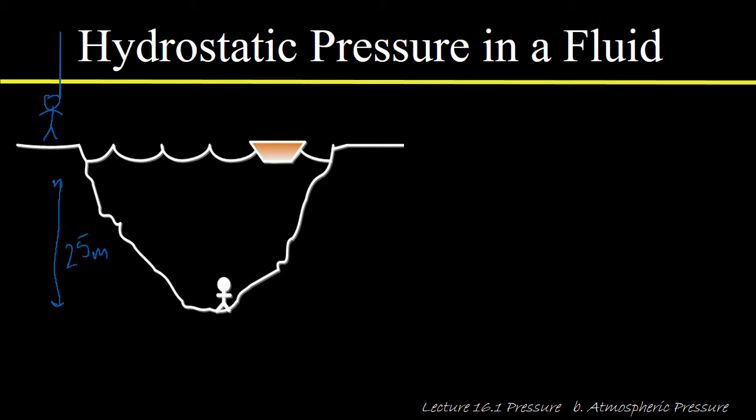There's all this water up here above him, and all of that water is pushing down on him, and that creates pressure. We can figure out what the pressure is going to be by drawing a hypothetical surface here. You don't have to have an actual physical object in the water.